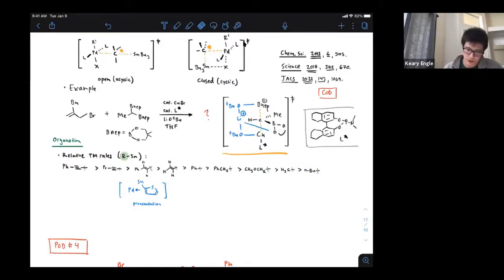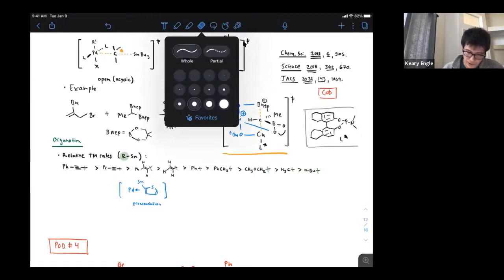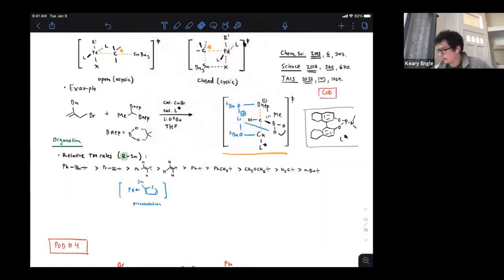So first, let's draw out what the product might be for this. I'll ask someone to volunteer. Daniel, what would you think a reasonable product for this reaction might be?